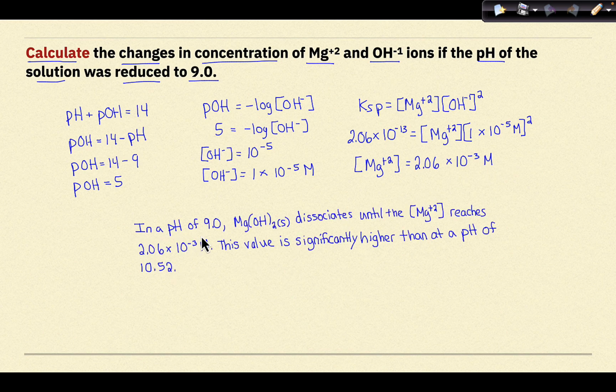In a pH of 9, Mg(OH)2 solid dissociates until the magnesium ion concentration reaches a value of 2.06 times 10 to the negative 3 molar. This value is significantly higher than at a pH of 10.52.